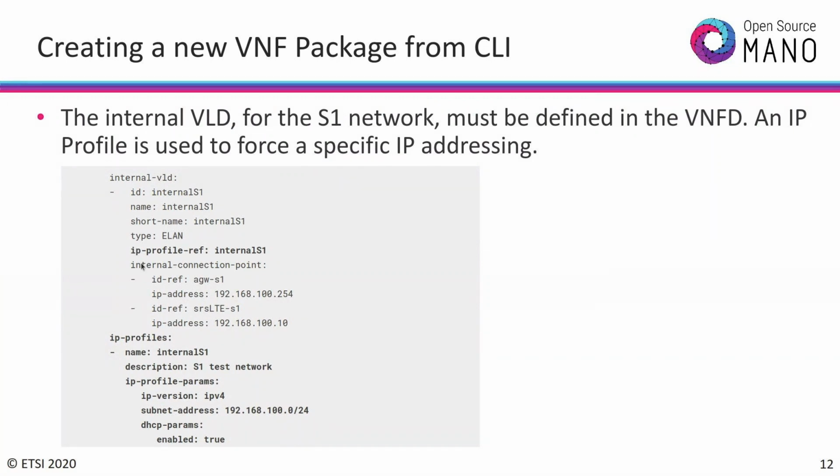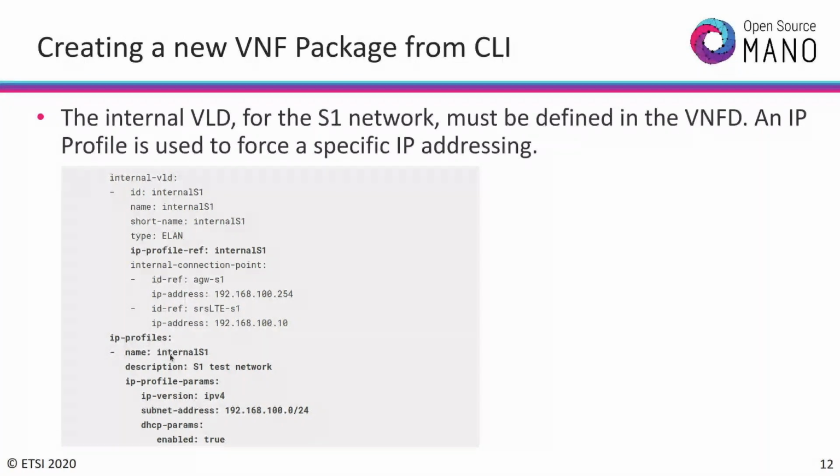We are also taking the opportunity to define a fixed subnet, because you won't be able to set a fixed IP address without telling the VIM, I want a subnet with these characteristics. The way you do it is through IP profiles.